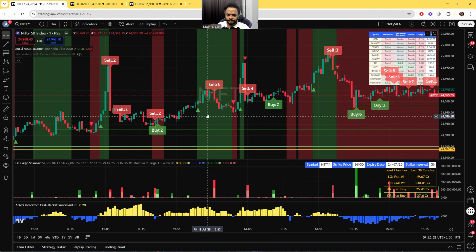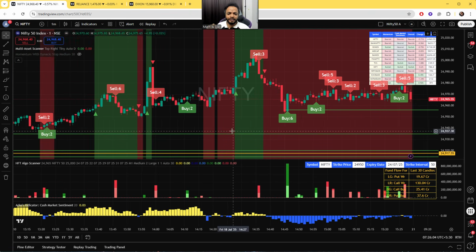The best example would be here also: the cash market sentiment is positive, but after here it's going up, the strength was not that much. So then again it fell.